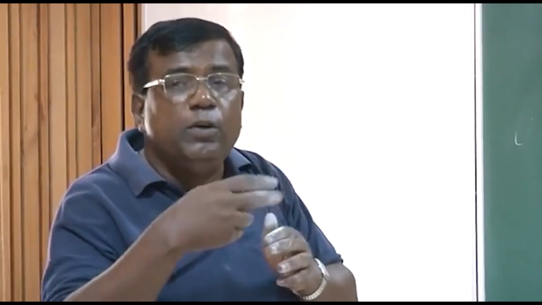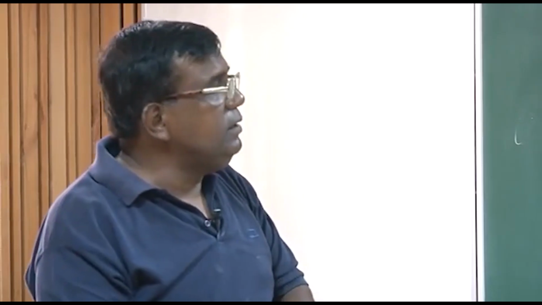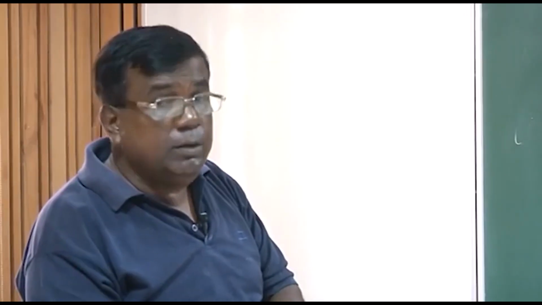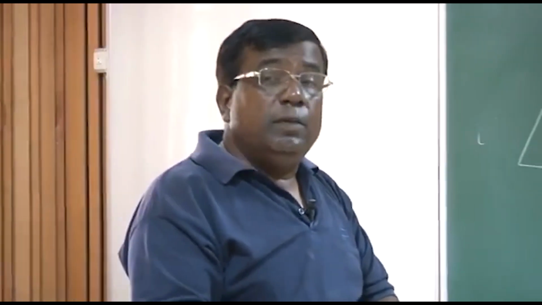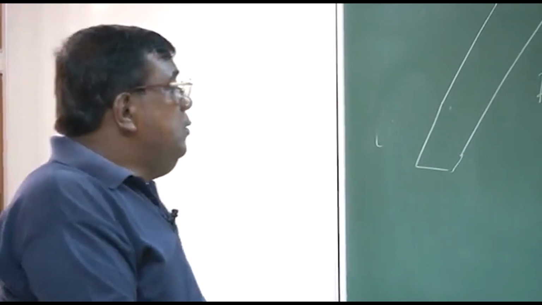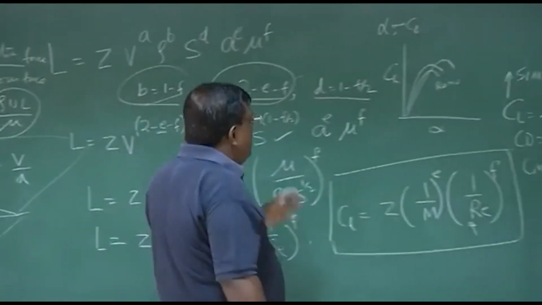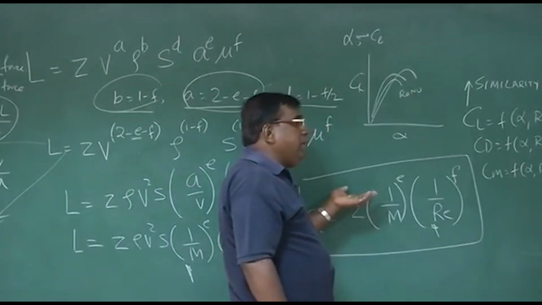You have to tweak the speed of the tunnel, or speeds, density, etc. Temperature, because velocity of sound is a function of temperature. For supersonic, high speed, these are the issues. But the message is, I have to duplicate the dynamic similarity.